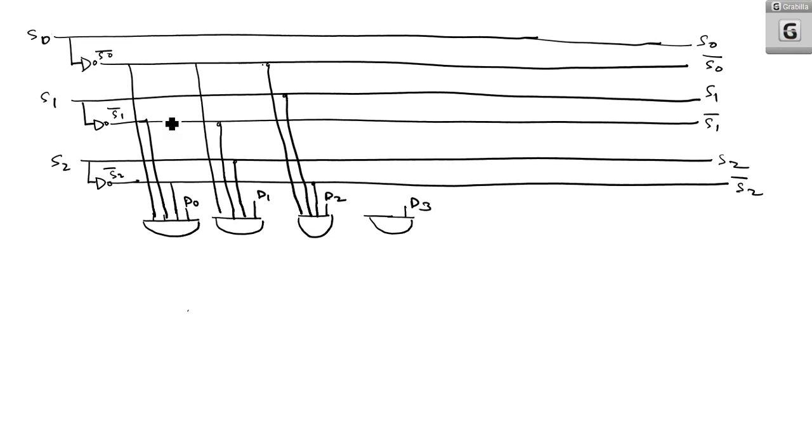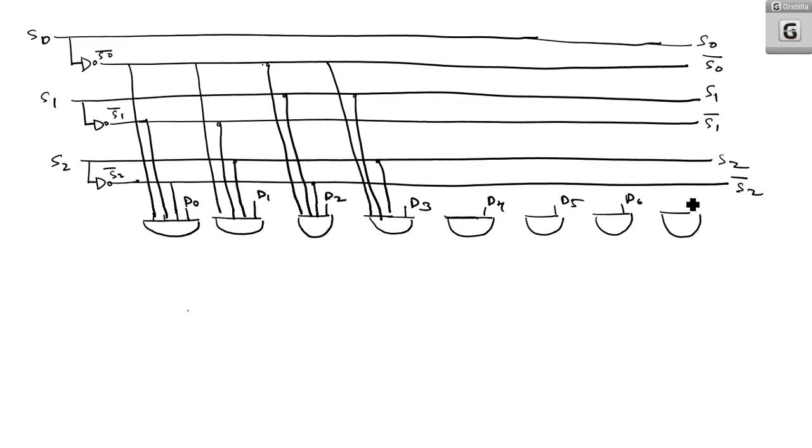Next is D3. What is D3? D3 is 0, 1, 1. So S0 bar, S1, S2. This is D3. Now this is D4, D5, D6 is input here, and the last one is D7. What is D4? D4 is 1, 0, 0. So S0, S1 bar, S2 bar.